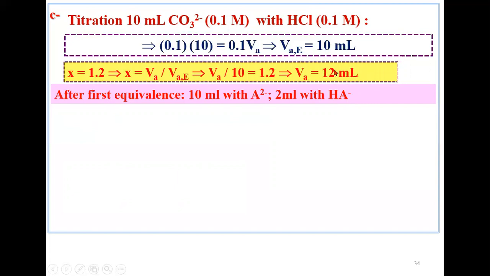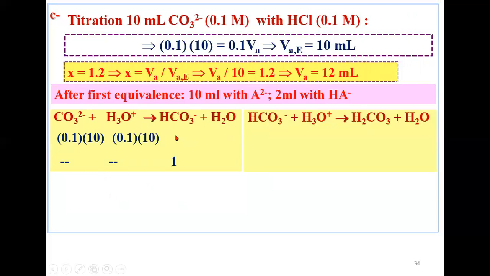So really, they could have asked you the question in terms of I added 12 milliliters of acid, what happens? Well, you know that 10 milliliters is going to react with the A minus, and that will remove all of my first acidity. And whatever is left over will react with my base.